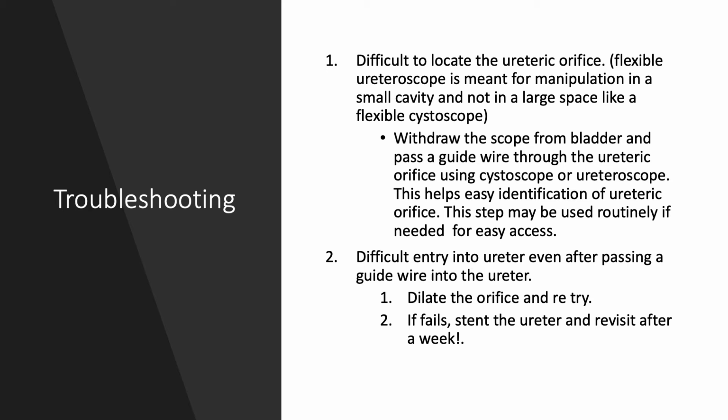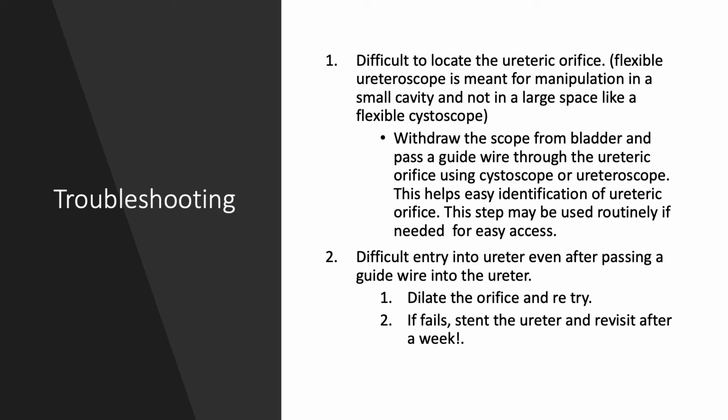So let us see how to proceed if we have difficulty in locating the ureteric orifice. You withdraw the scope from the bladder and pass a guide wire through the ureteric orifice using a cystoscope or ureteroscope. This helps easy identification of the ureteric orifice when you reach the bladder next time. There are situations where you find it difficult to enter the ureter even after passing a guide wire into the ureter.